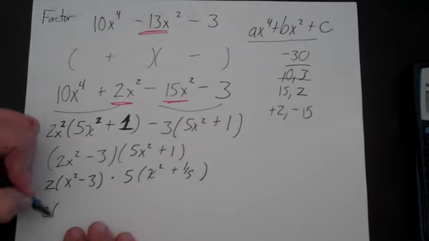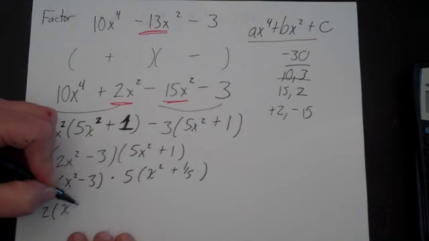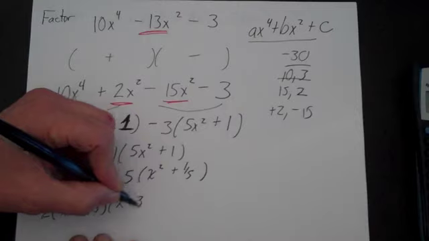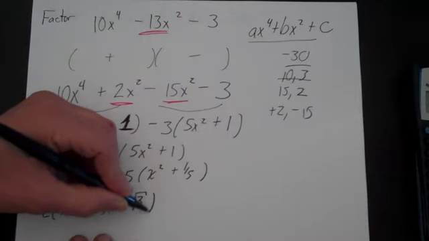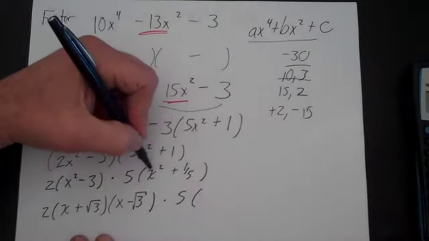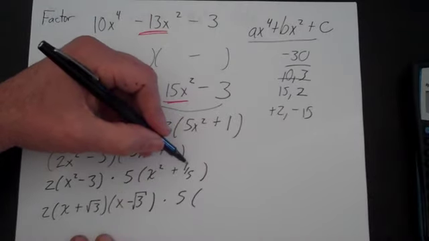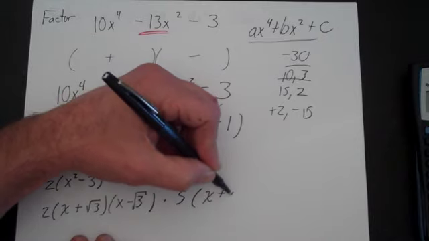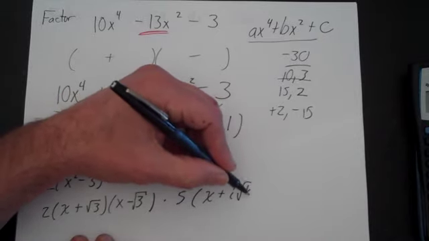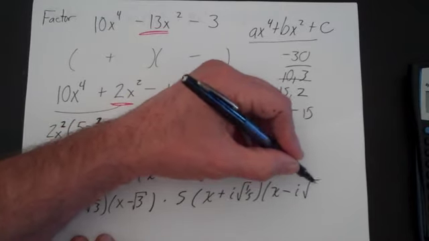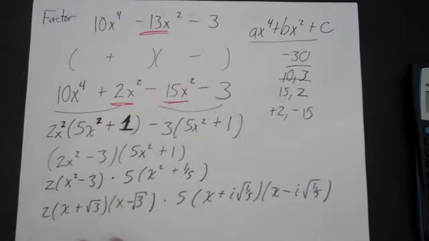So that's going to be 2x plus root 3, x minus root 3, times 5. This is squares, but it's the sum of squares, so I have to use an i. So that's going to be x plus i root 1/5, x minus i root 1/5. And that's actually my answer.